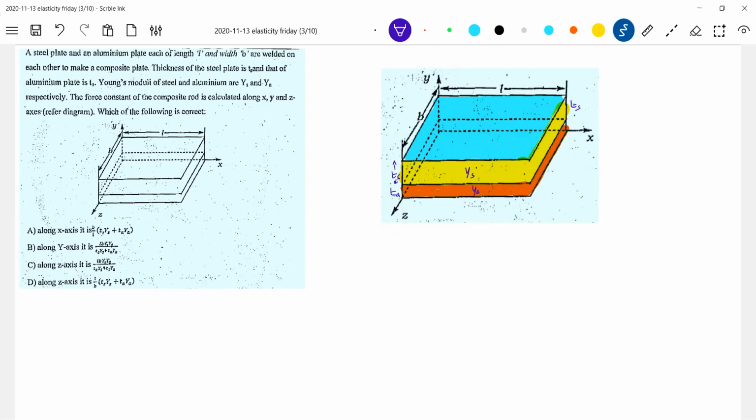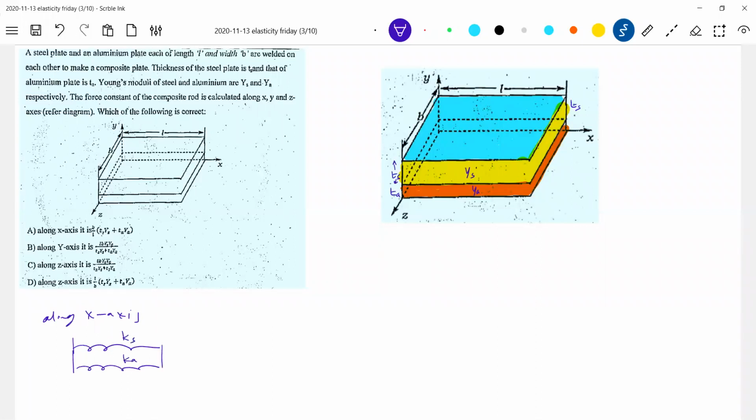First, we'll calculate the spring constant along x-axis. So Kx is equal to, what is the definition and how are these two? They'll be parallel, no? If you see along x-axis, this is steel, this is aluminum.